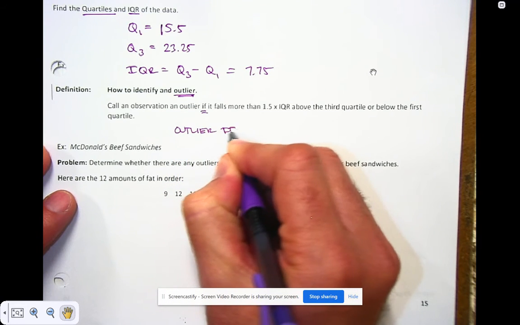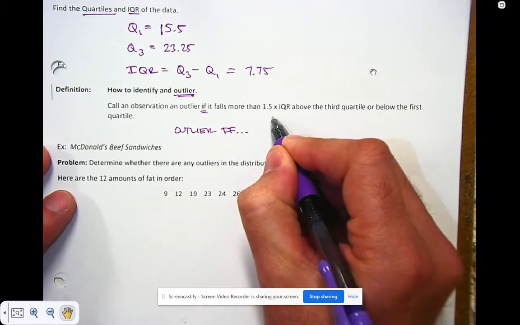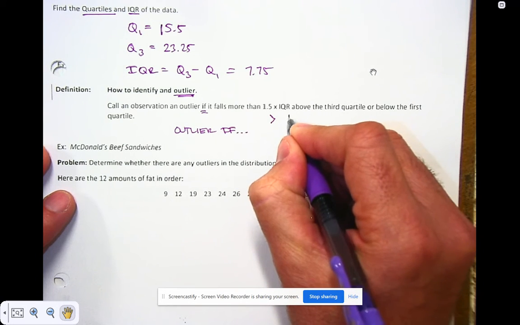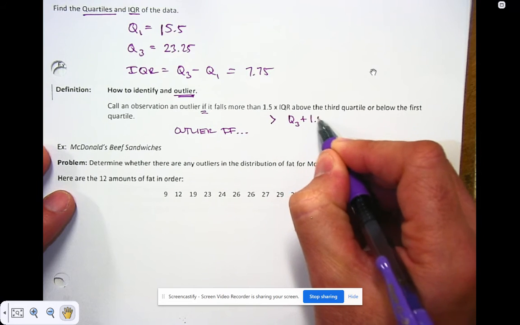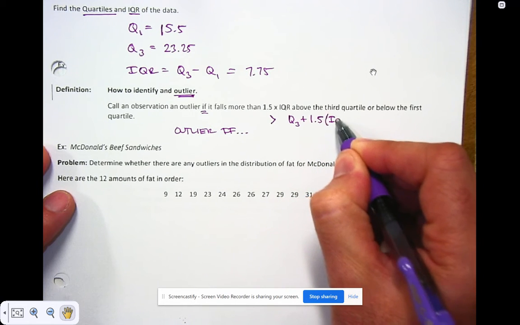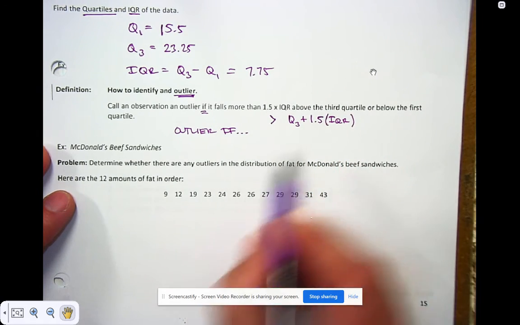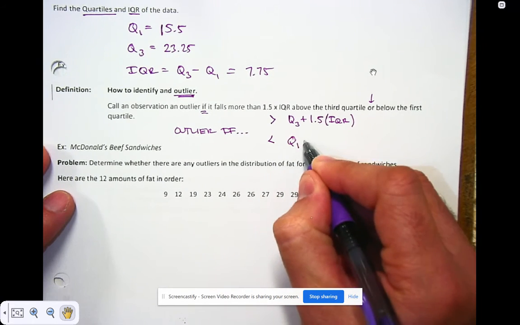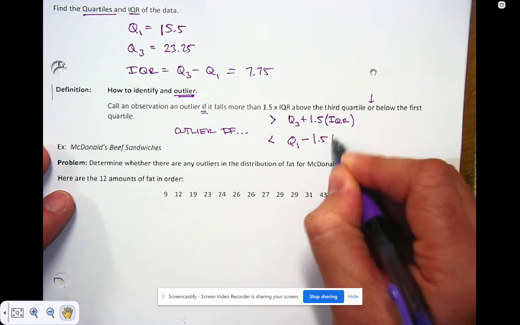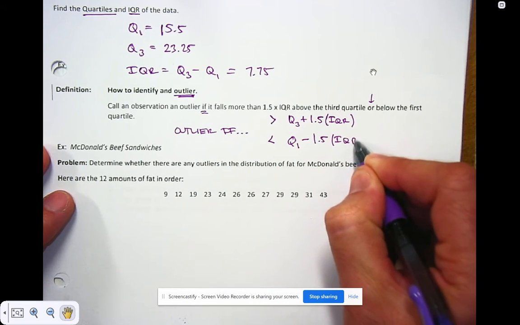So outlier if, okay, it's greater than quartile 3 plus 1.5 times the IQR, or less than quartile 1 minus 1.5 times the IQR.